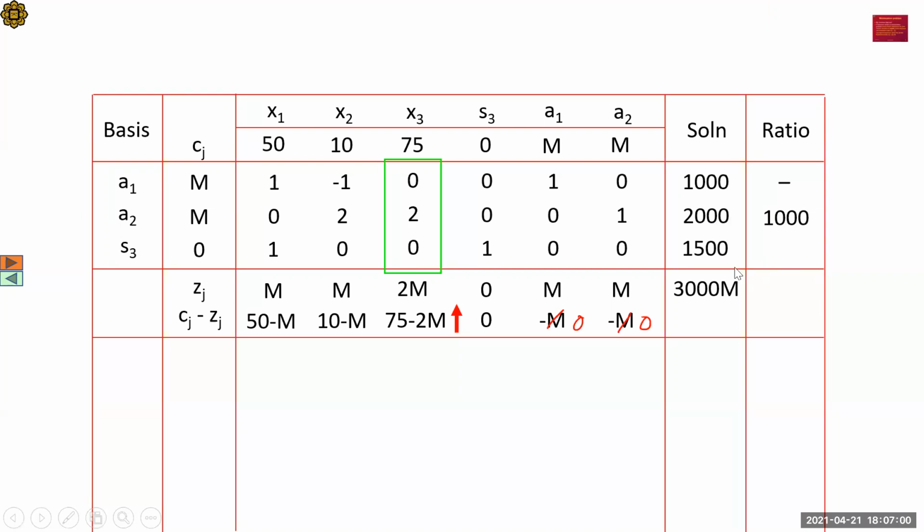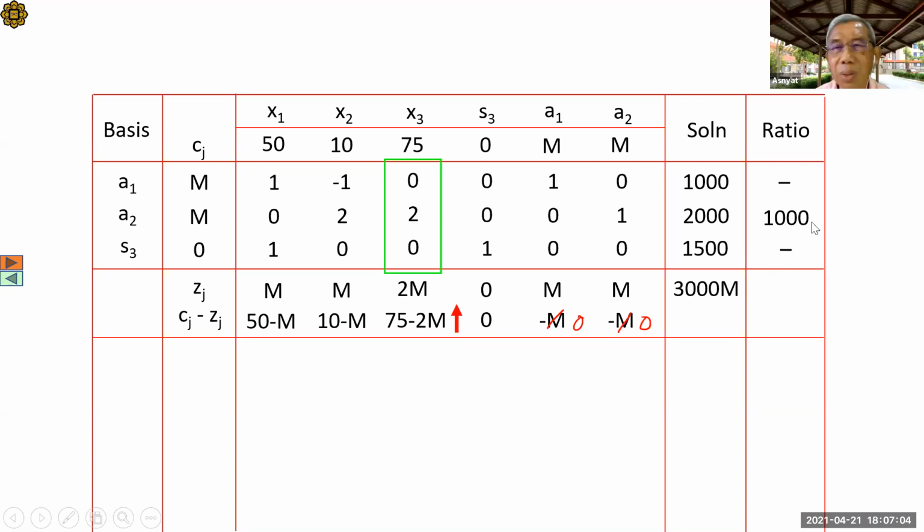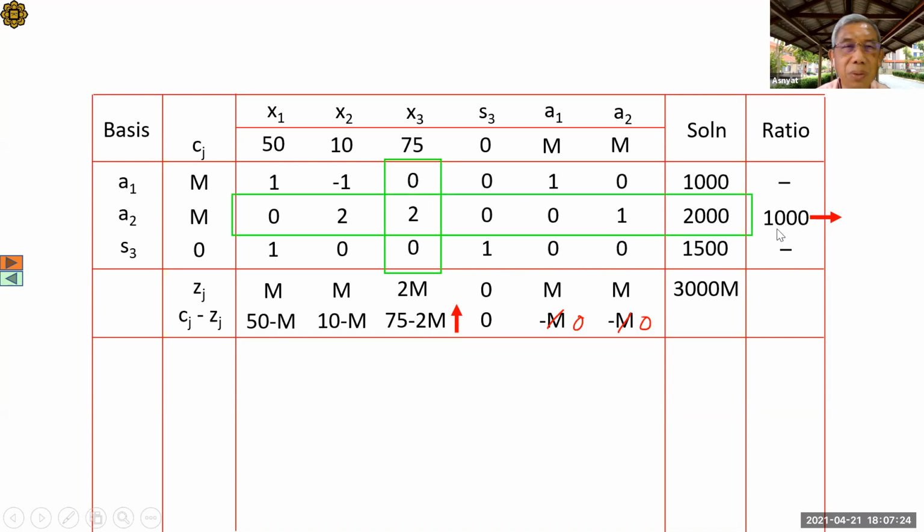Then the last one is undefined. We are left with only one, so we can use this one. So the ratio, I repeat, 1000 divided by 0 is an undefined ratio. 1005 divided by 0 is also an undefined ratio. So this is the pivot row.